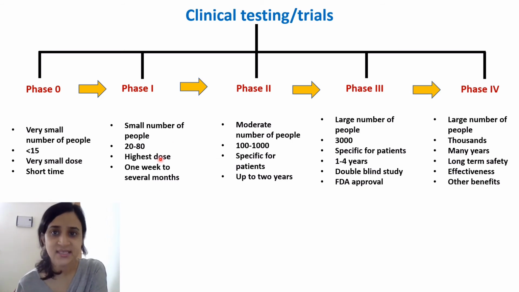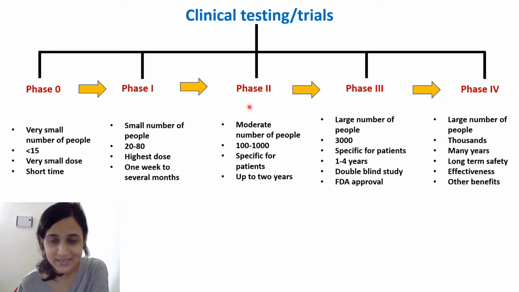This phase takes 1 week to several months to generate a good amount of data. And if we are successful in this phase, that is, we identified the highest dose of the vaccine that didn't produce any lethal effect to humans, then we move forward.